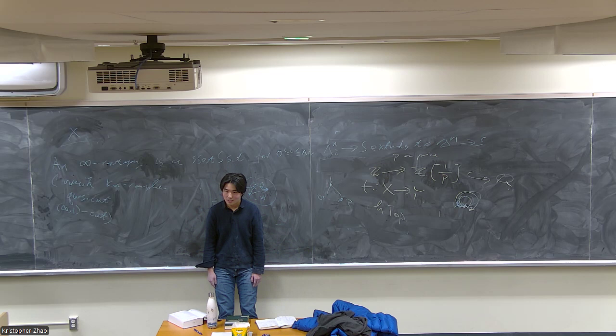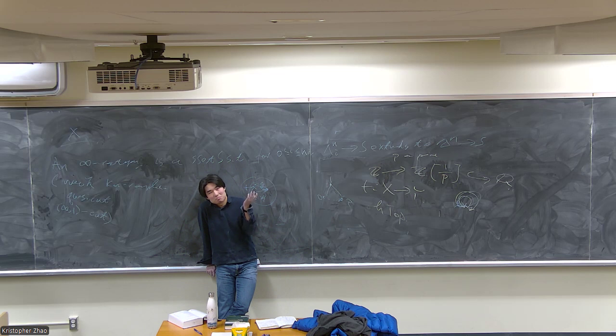What does it add to the localization construction? It adds to the localization. That can be helpful if we want to consider derived categories. You're saying this can be done without all the infinity stuff.